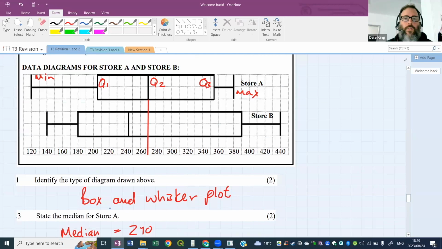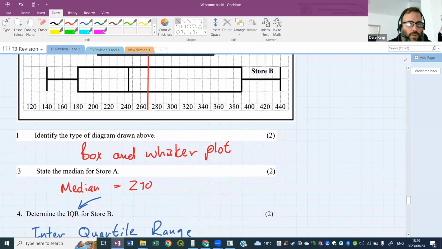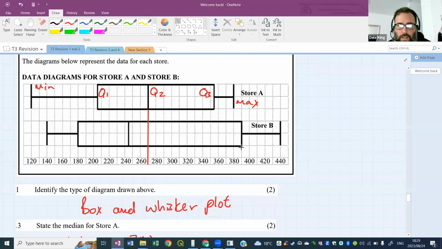What numbers would you put in? I would put in 390. Okay, let me just draw a line. Which store is it? Store B, sorry. Yes, store B, 390. So we're going down here. Minus 180.